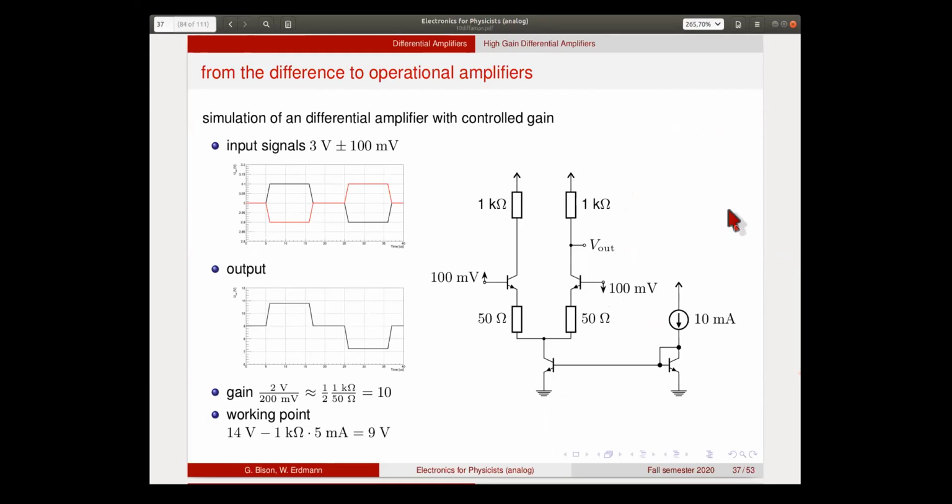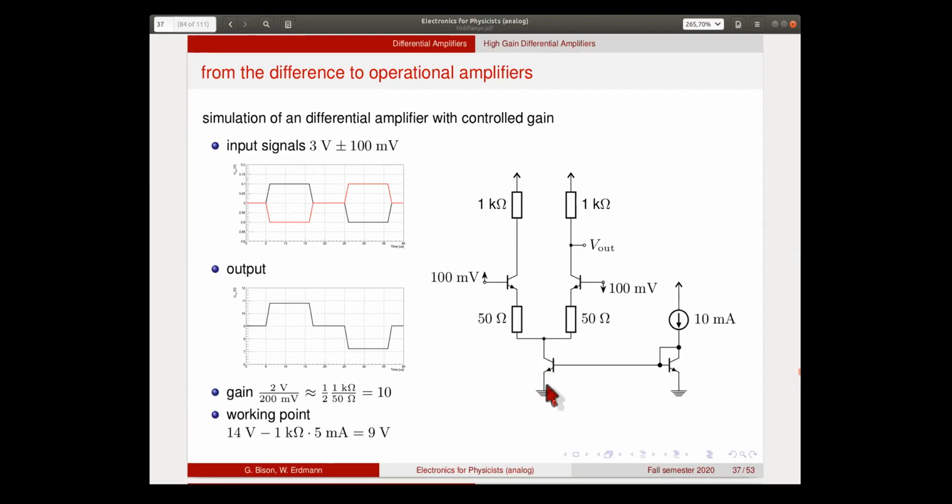Now we look at the simulations of such a differential amplifier, and want to see how we can basically control the gain of such an amplifier, and ultimately we want to develop a very high gain amplifier from this. So this is the circuit, very much like the one we've seen before. There's a transistor as a current source.